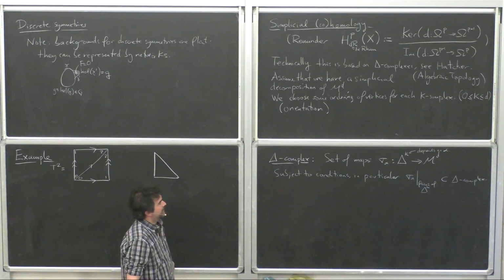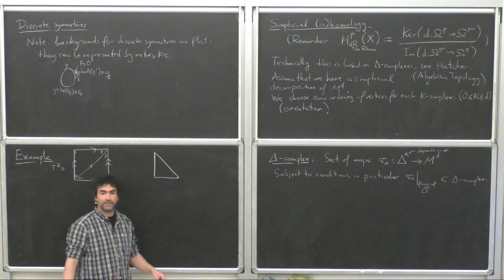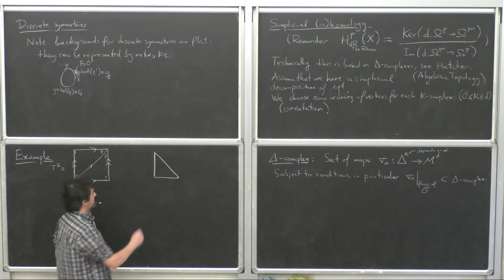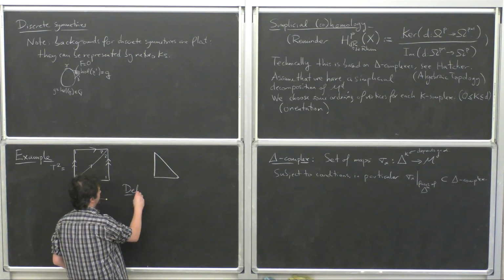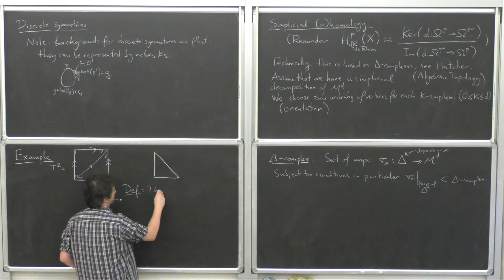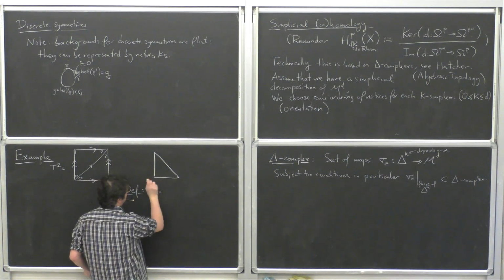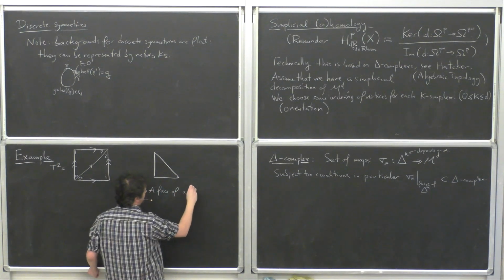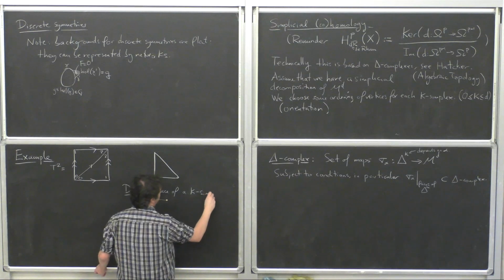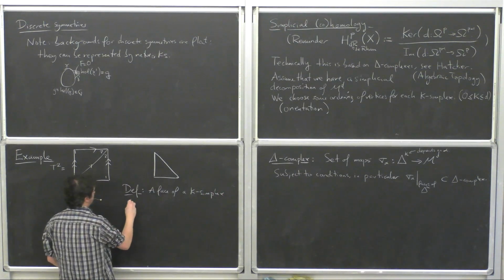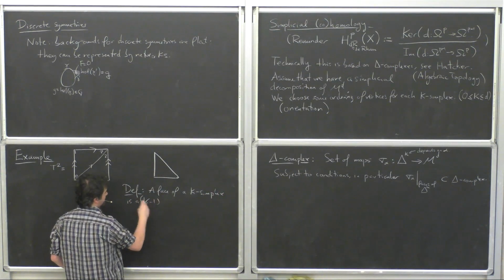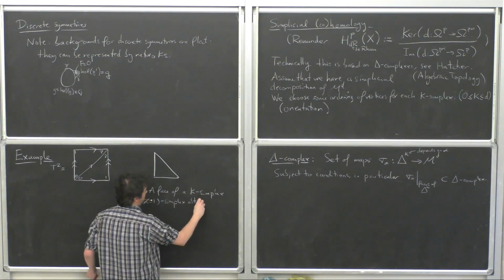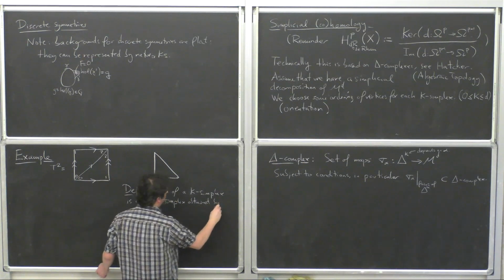Okay. Maybe I should say what the face of a simplex is. A face of a k-simplex is a (k-1)-simplex obtained by removing one vertex.